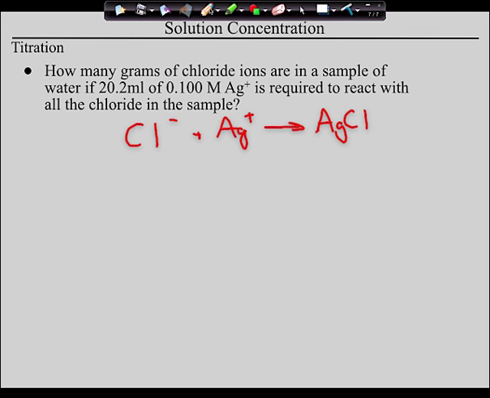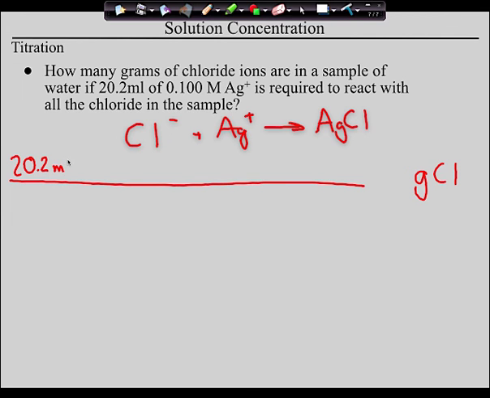So guys, it says how many grams of chloride, which would probably tell us we're solving for grams of chloride. Then, what information do we know that might lead us to an amount of chloride? Well, that would be the volume of our nitrate solution that was necessary to tie up all the chloride.